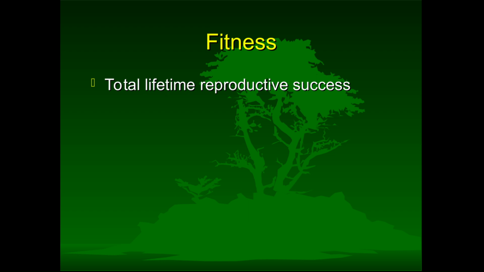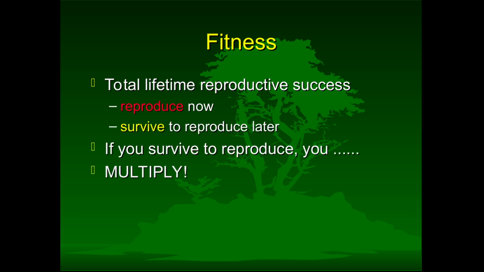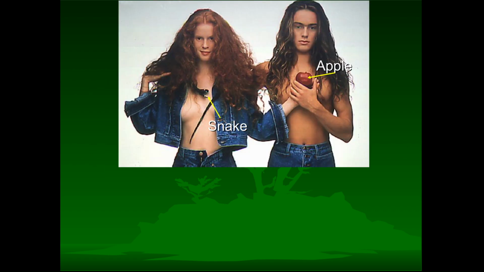Okay, well, it's basically your lifetime reproductive success. What are the implications of reproducing? Well, you either reproduce now or survive to reproduce later. And if you survive to reproduce, what happens? Well, you multiply. So, what happens if you start with two organisms, say a male and a female, who have that ability to survive and reproduce?